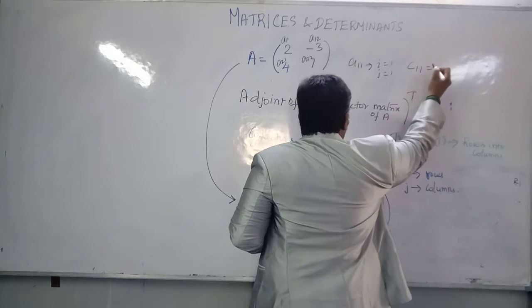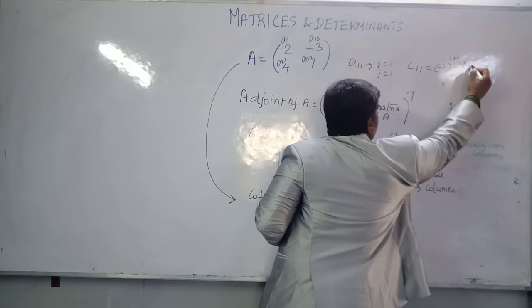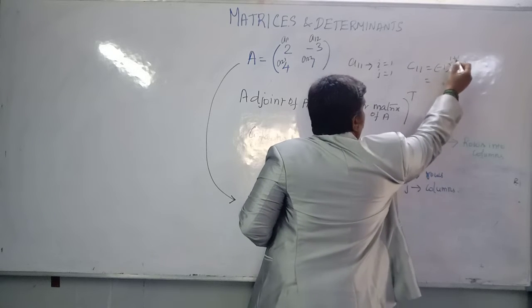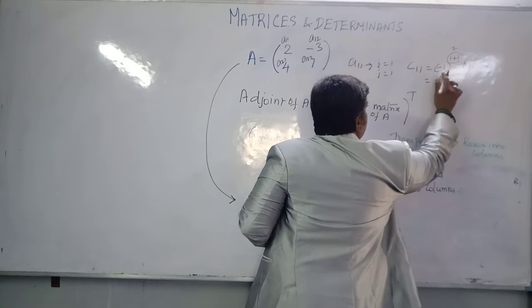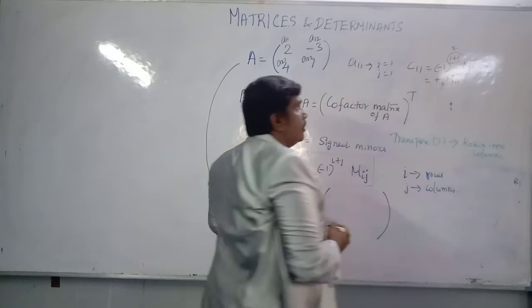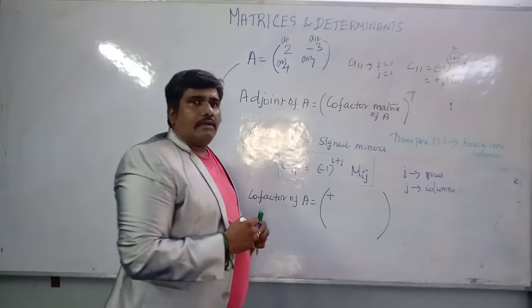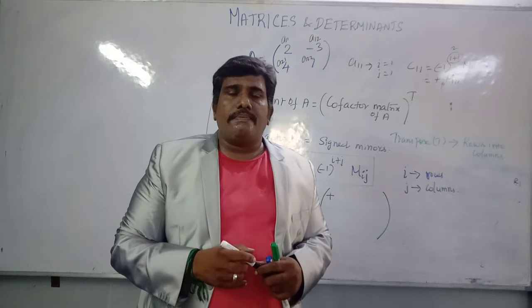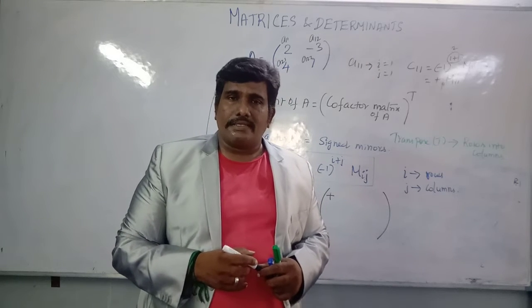So C11 becomes minus 1 whole power 1 plus 1 of M11. Minus 1 whole square becomes plus, and this becomes M11. That means we give the sign of the element present in the first row and first column as plus.